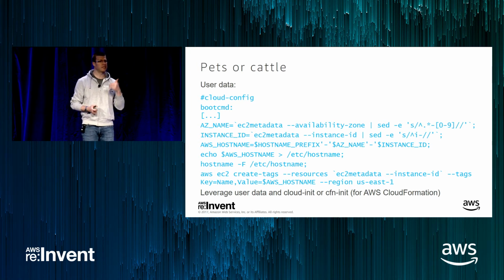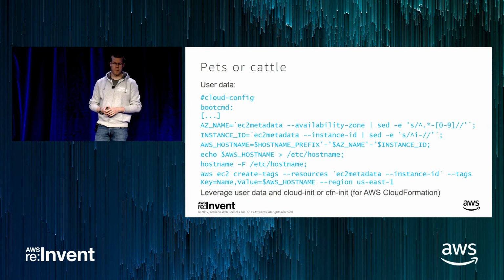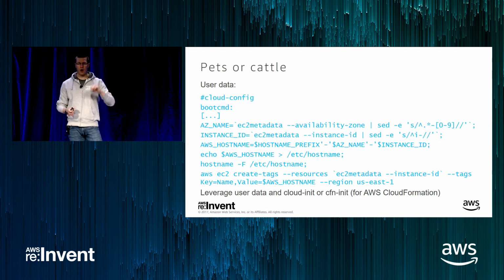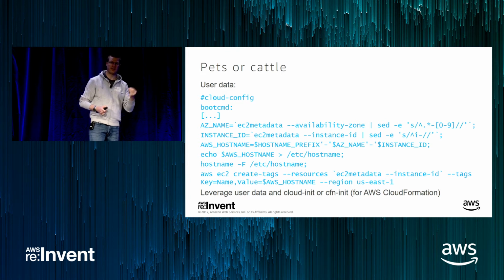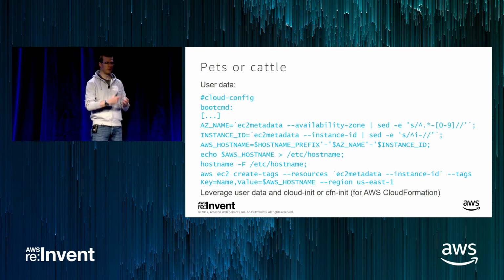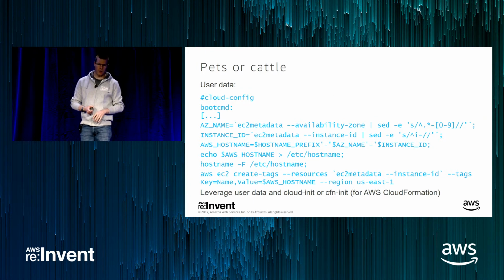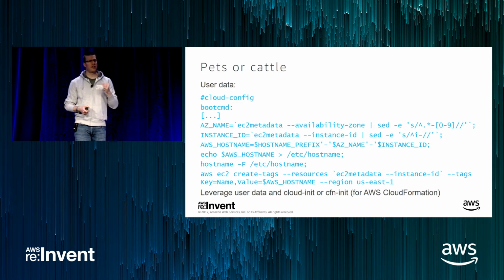The instance ID is there because each host name should be unique, and the instance ID is. And then we build the host name with a prefix, which in our case is something like the role this instance has, like web server, UI server, API server. And then we put that into the EC2 host name, and we put the name tag in it.